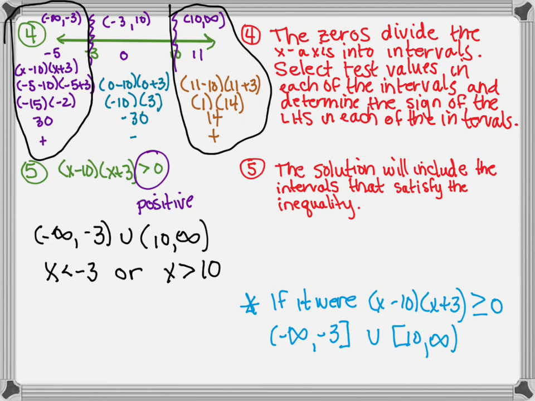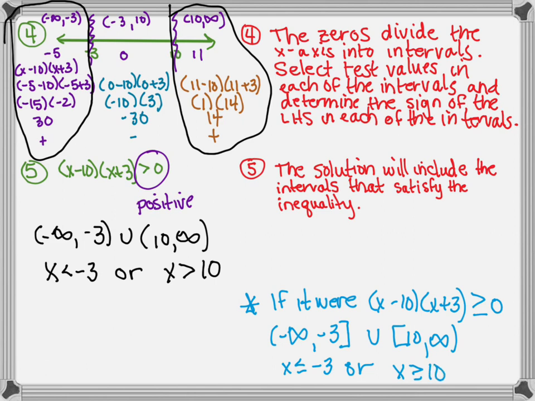And similarly, if we were looking for the values that were less than 0, we would have been looking for the intervals where our values were negative. And that would have been the middle interval in this case. So those are the different possibilities we could have been considering. So that was solving a quadratic inequality algebraically.